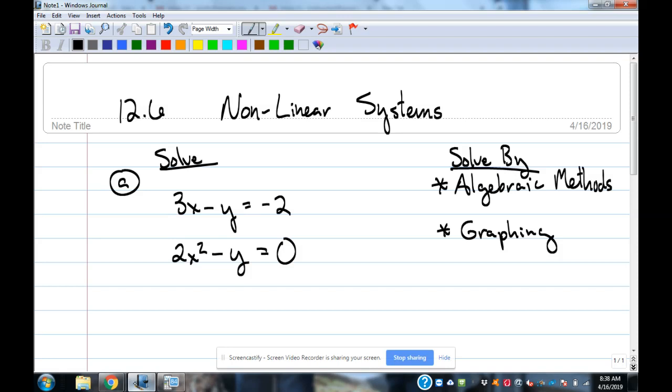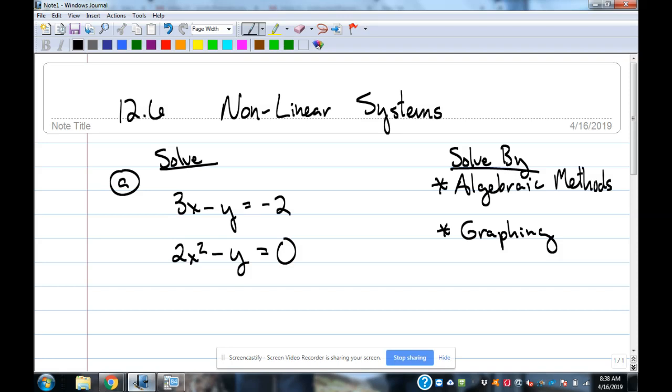So there's a couple of different ways to do this one. I like elimination a lot of times, especially when it's already set up like this. But substitution works wonderfully as well for this one. If I were going to do elimination with this one, notice that I have 3x minus y, and the second equation has a 2x squared minus y. So I've got some similarity there.